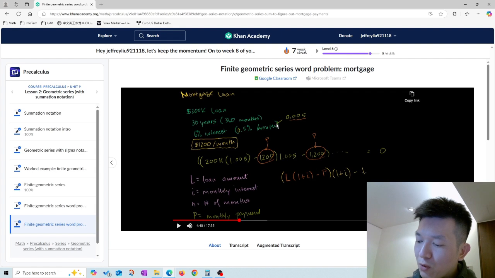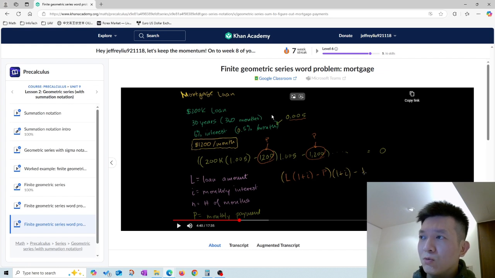Okay, so 1.005, like it's entailed in here, we're trying to derive this question to this answer, $1,200 per month. Our monthly payment, right? Our coupon payment, for those of you who are keen to learn the financial side of it. Okay, so this is our monthly payment of $1,200.